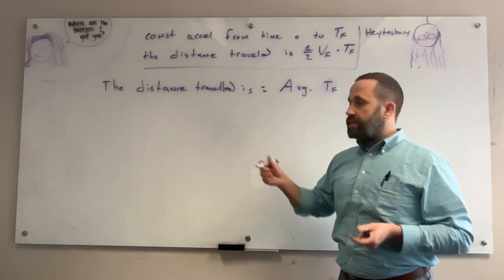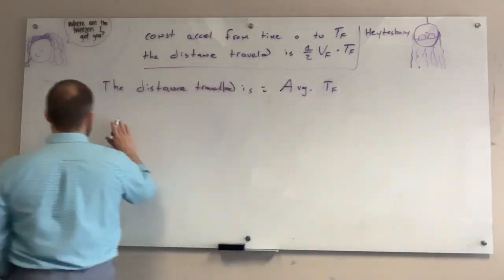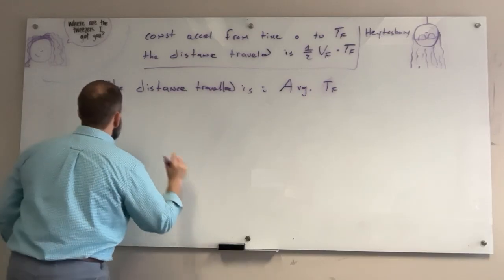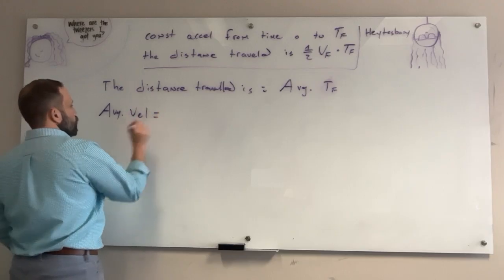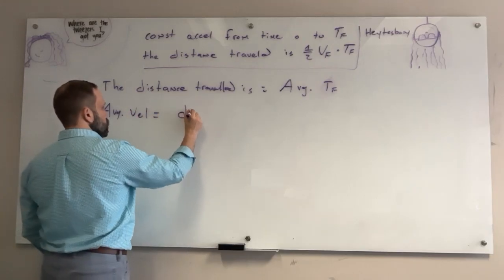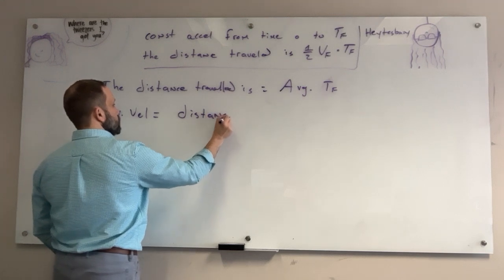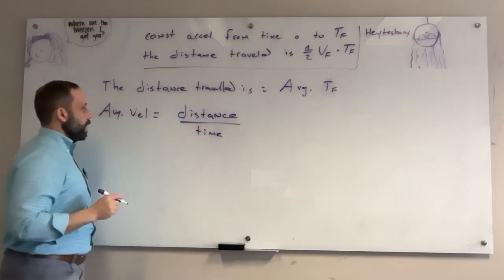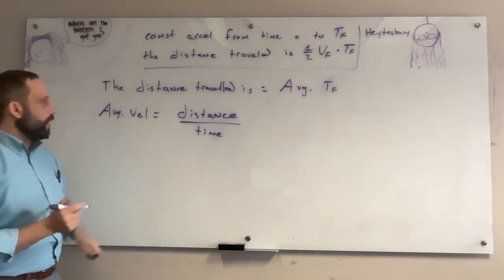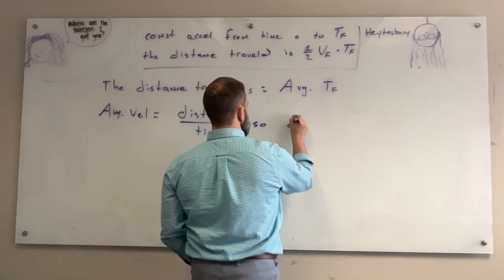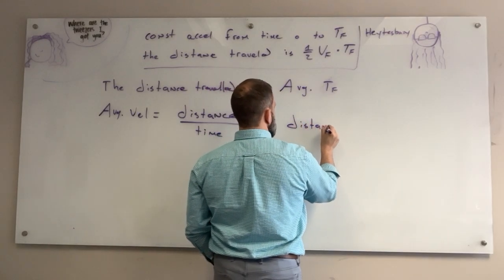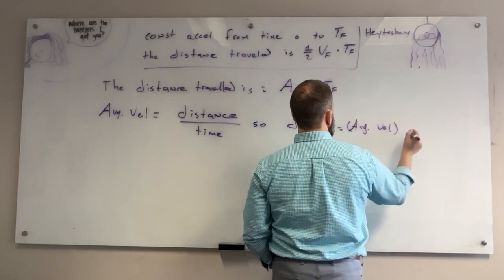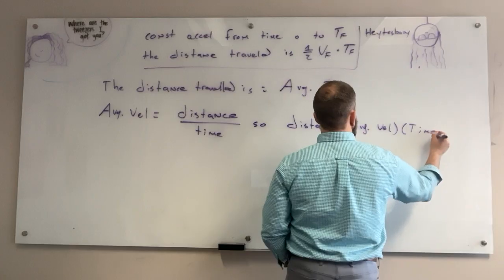Okay, well, why is that? Well, this is just the definition of average velocity. Your average velocity is equal to the distance that you ran or went divided by the time. So if you just rearrange this, the distance is equal to the average velocity times time.